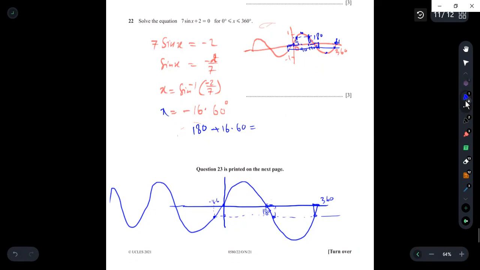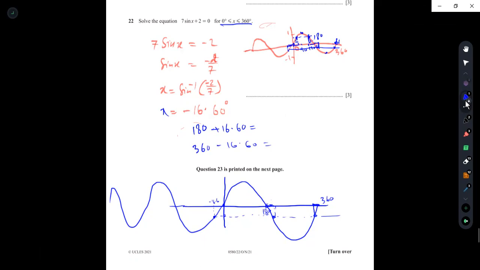So 360 minus 16.6 will give us the second answer. So these two values will be the values that are in the provided range. Why are we calculating these? Because we are given that we need to write the answer for x between 0 and 360 degrees. So that's why we are writing this.